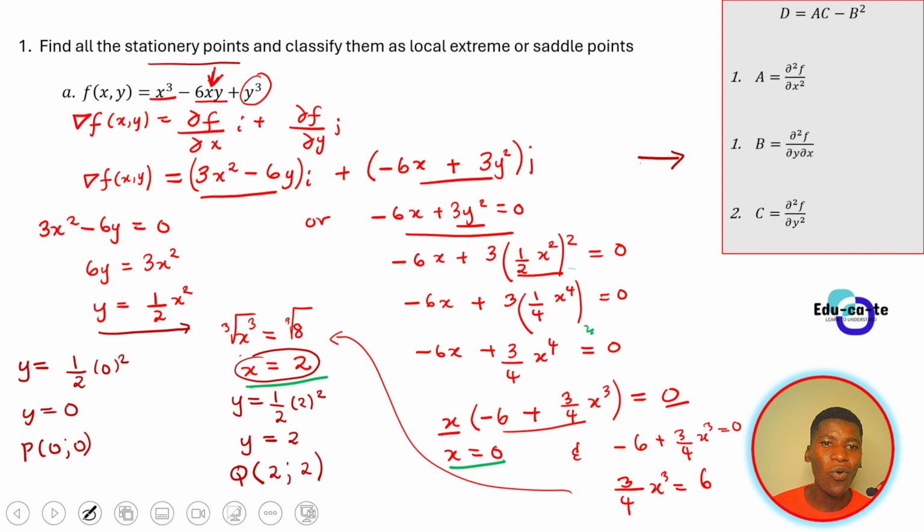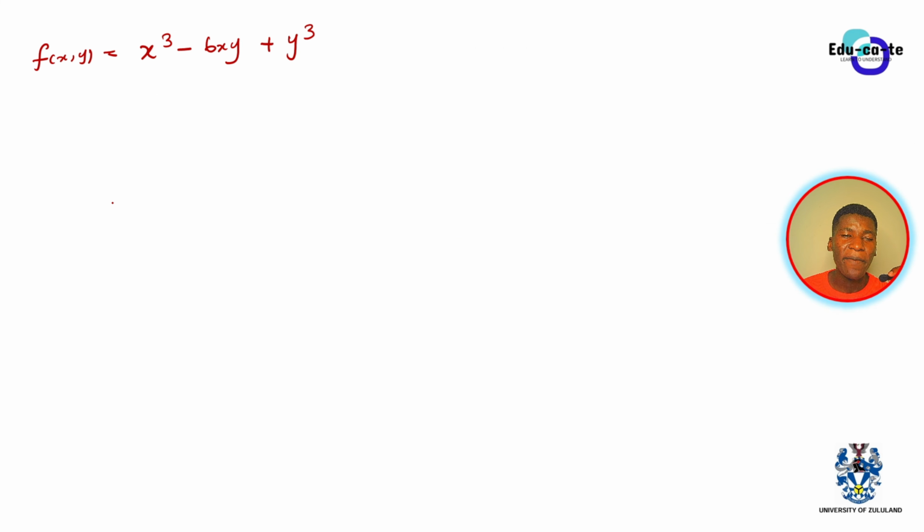So this whole calculation that we have done so far was to determine the stationary points. Now we want to classify the stationary points as either local minimum, local maximum, or a saddle point. So now basically we have to find the value of a. Remember, we said that to find the value of a, you have to take the second partial derivative.